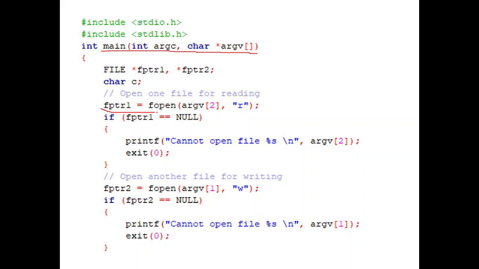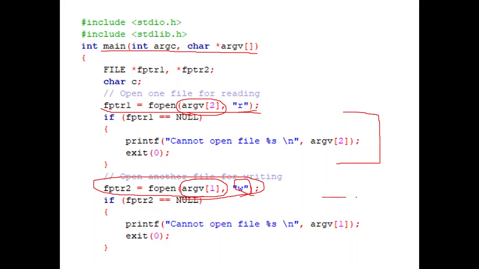So this is an fopen function where I'm opening argv of 2 in read mode, and this is the fopen function where I'm opening argv of 1 in write mode. Okay, so as we know already, this is where we check whether the files are open for reading and writing appropriately, right?